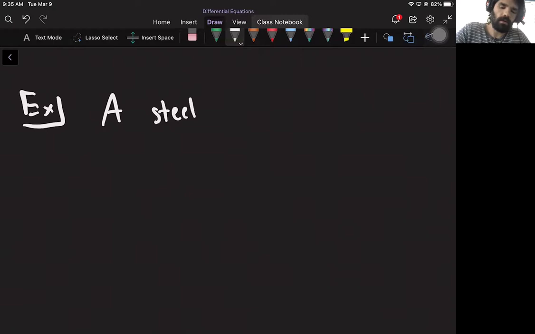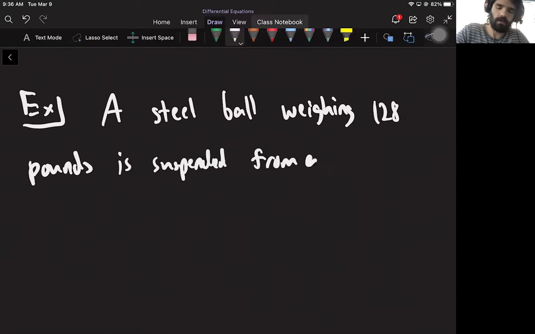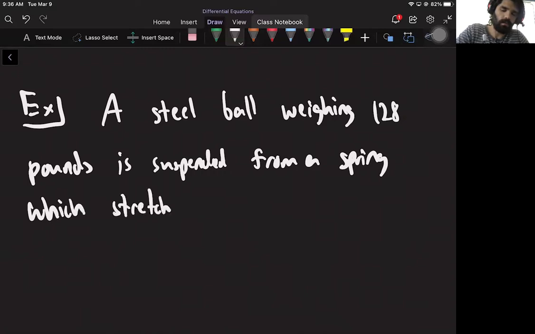Okay, so a steel ball, so this is our mass, weighing 128 pounds. So just right off the bat, to remind you, pounds is a unit of force. So this is going to be some force. Is suspended from a spring which stretches it, the spring, 2 feet.